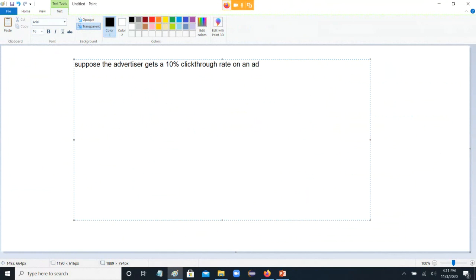Click-through rate on an ad. 10% of clicks lead to a purchase of about $100, right? We'll call that profit. So 10%, for every person that sees the ad, 1 in 10 of them is going to click on it. And of those clicks, 1 in 10 is actually going to buy something.